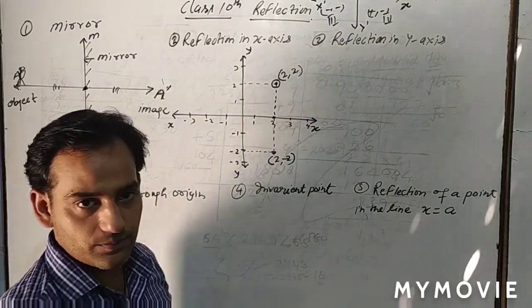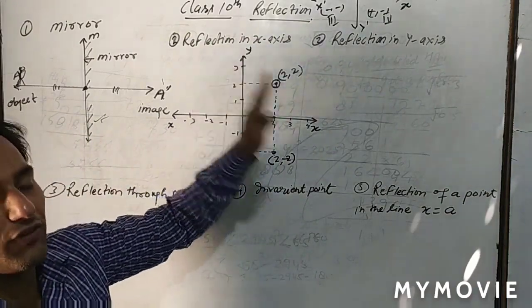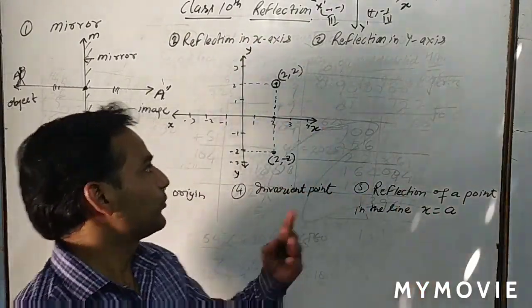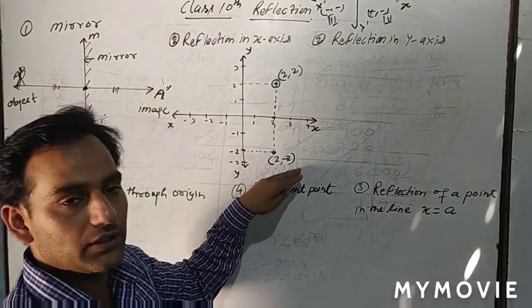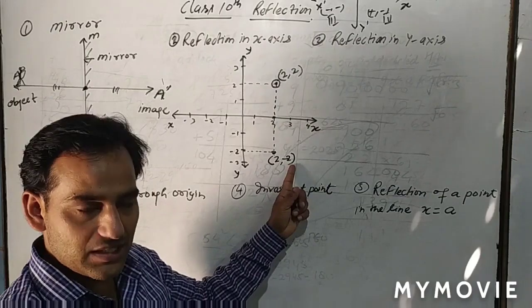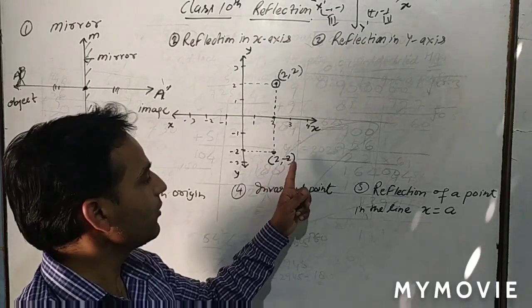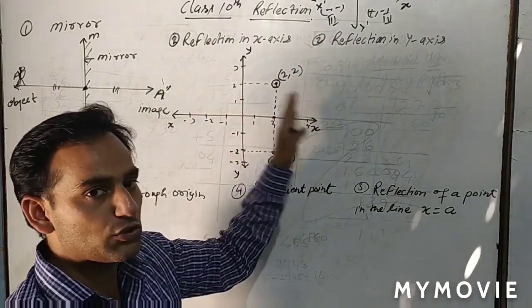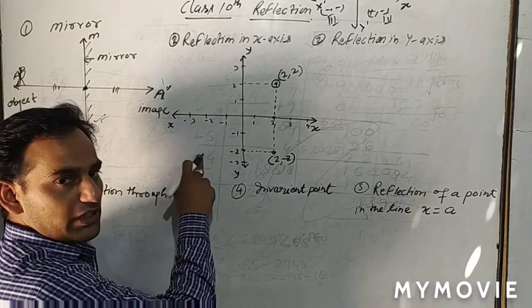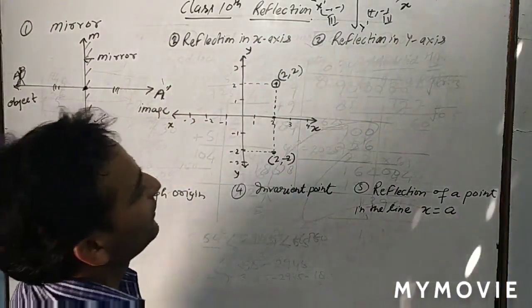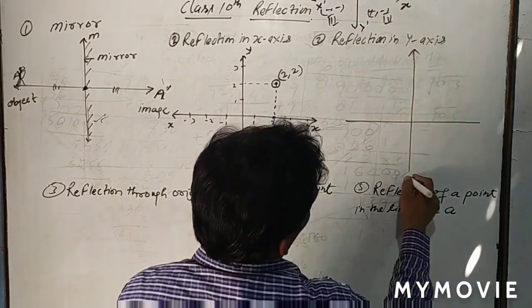Remember one thing, in reflection through the x-axis, after reflection the new point will be plus, minus. Abscissa plus, ordinate minus, if it is on the positive side. If it is on this side, the value will be minus, minus, because it will come in the third quadrant. Listen carefully.